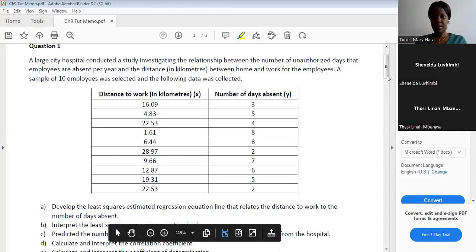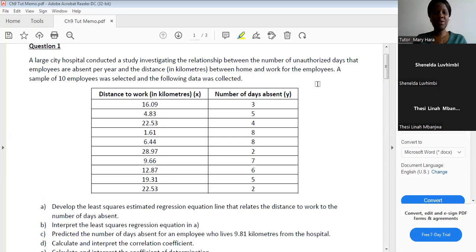Okay, so question one is saying a large city hospital conducted a study investigating the relationship between the number of unauthorized days that employees are absent per year and the distance in kilometers between home and work for the employees. A sample of 10 employees was selected and the following data was collected.